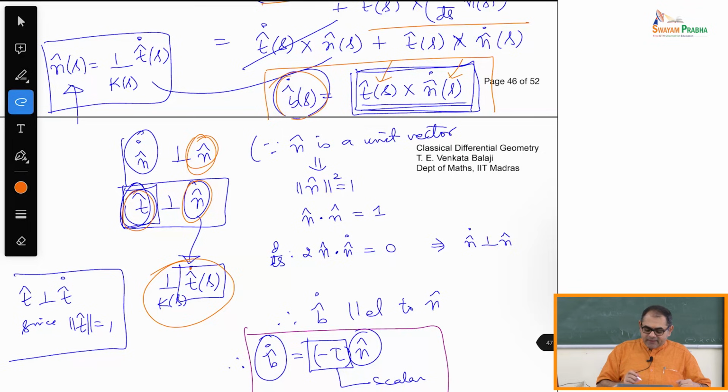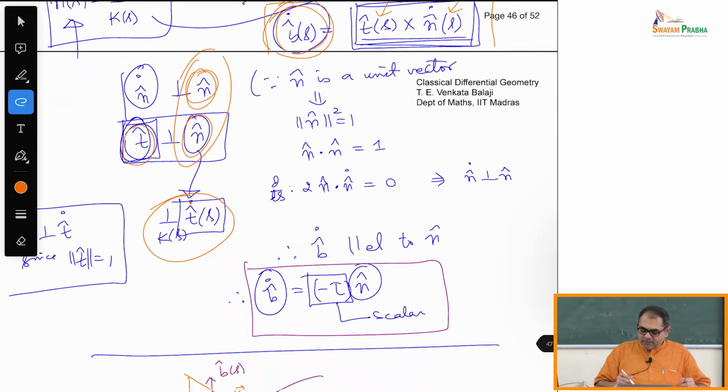So n cap is perpendicular to n cap dot also, because n cap is a unit vector. For a unit vector, its derivative is perpendicular to the original vector. So the moral of the story is that b cap dot has to be in the direction of n cap.